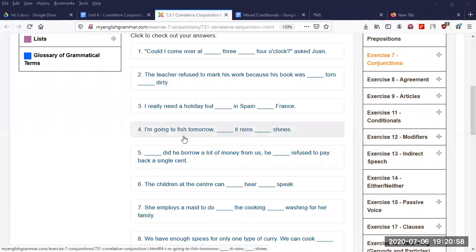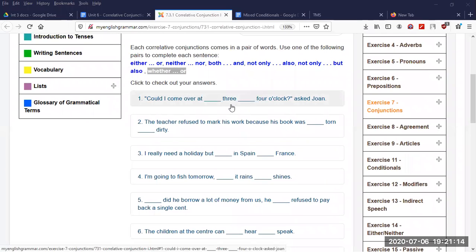Well, we can surmise that this word here is going to be or. It can't be and, because you can't come over at 3 o'clock and 4 o'clock. You can't come over at 3 nor 4 o'clock. That doesn't make any sense.